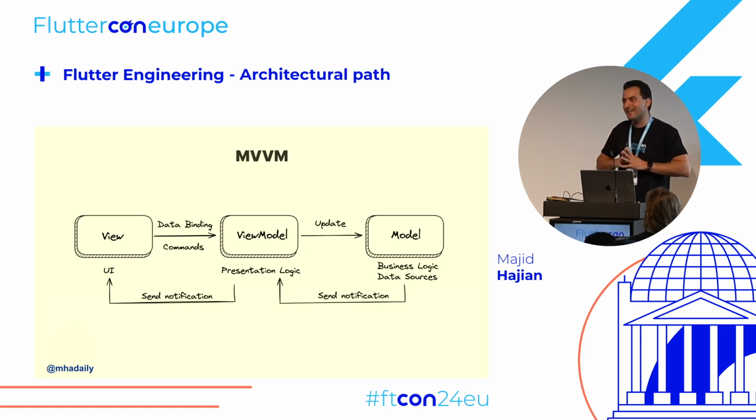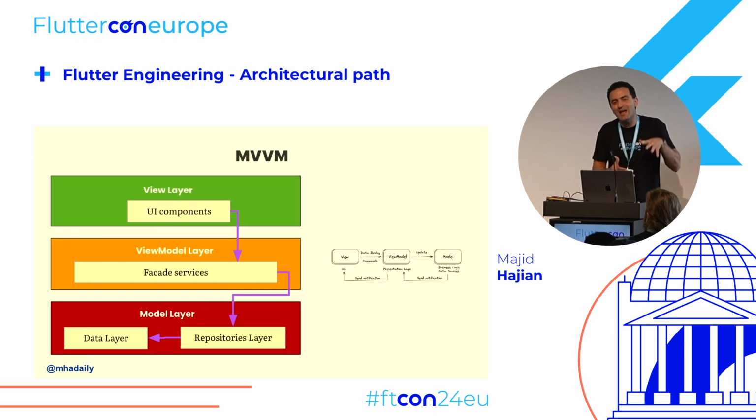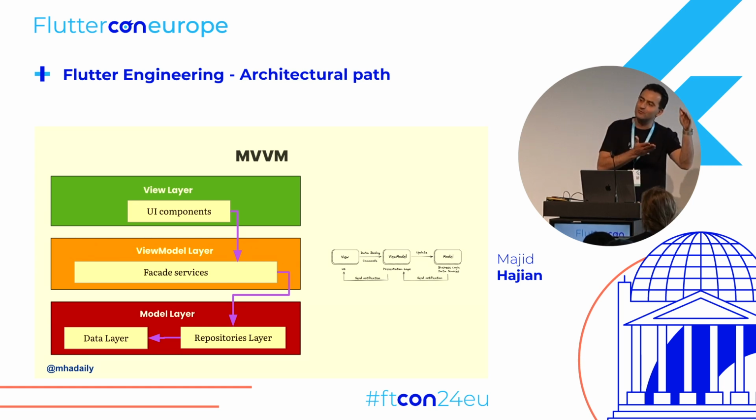What I wanted to say is that you can map this into a layered architecture. It's actually a layered architecture as well, inspired by a style. So when we talk about MVVM, we can break it down into the presentation layer, the business layer, and the model data layer.